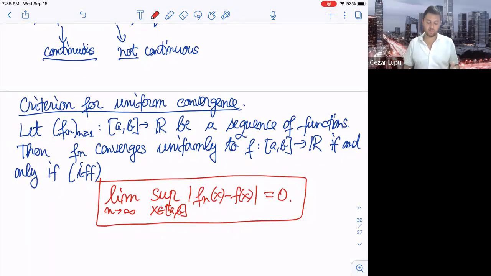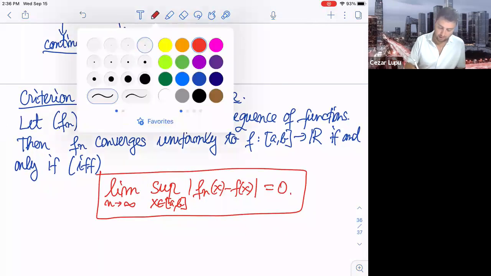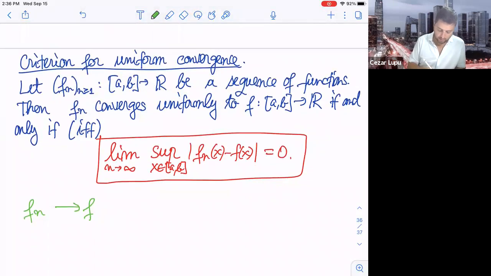In other words, let me write it again. You have the following: Fn converges pointwise to a function f, and the supremum over x in [a,b] of the absolute value of Fn(x) minus f(x) goes to 0 as n approaches infinity.